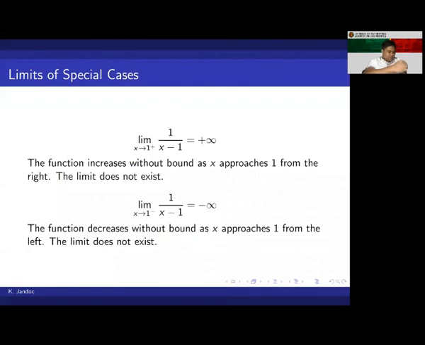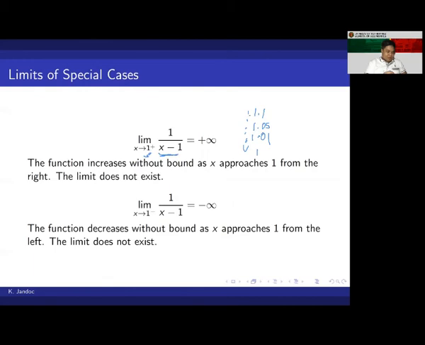So here's another function. Suppose you have the function 1 divided by x minus 1. Now let us approach 1 from the right. From values bigger than 1, say x equals 1.1, then 1.05, then 1.01, it becomes closer and closer to 1. Notice that x minus 1 is a positive number.